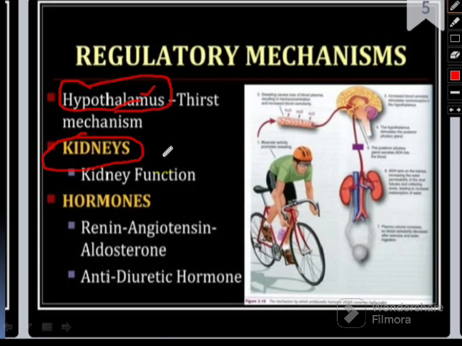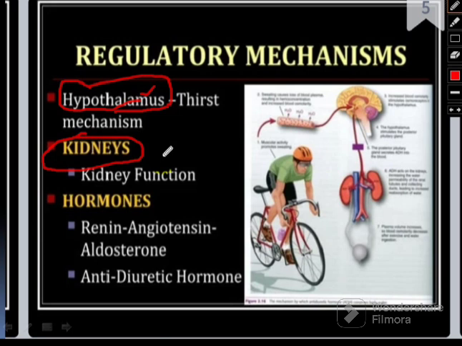So if your body water content is low, the kidney senses it and conserves water. So the urine you pass at that period, the volume is going to be small and the solute in the urine is going to be more. So you have a concentrated urine.